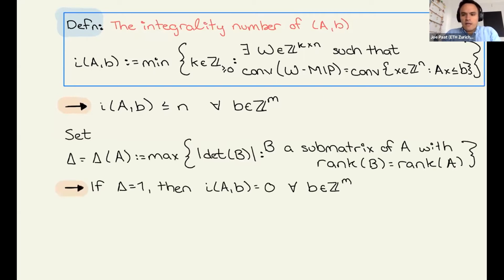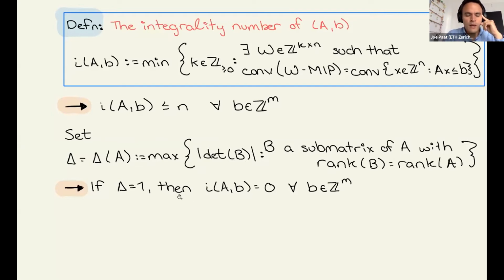Another special case that we know is if our polyhedron, or if our matrix A, is what's called unimodular. For this, I'm going to define a parameter delta, which depends on A, so delta of A. This is the largest full rank matrix minor inside of A. I didn't state this, but it was written on the slide: I'm assuming A has full column rank, so A has rank n.